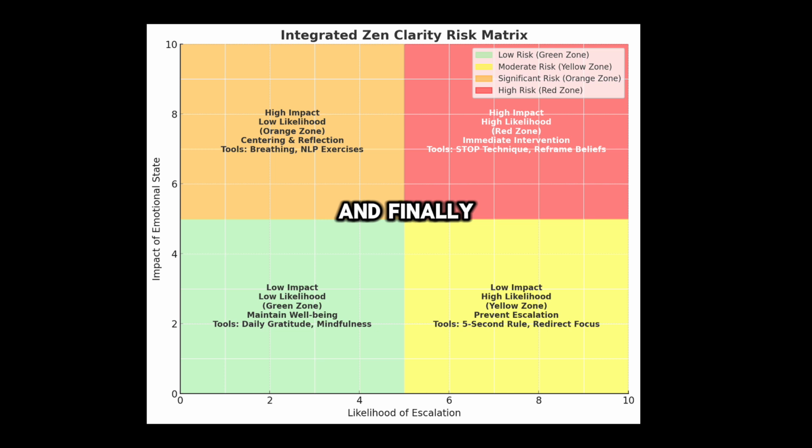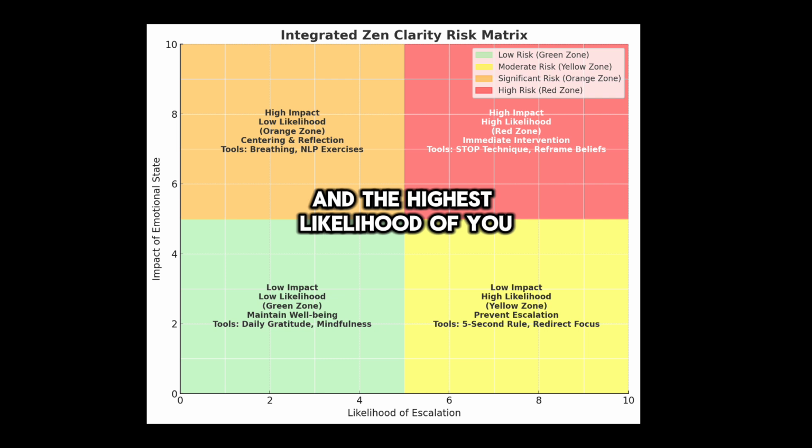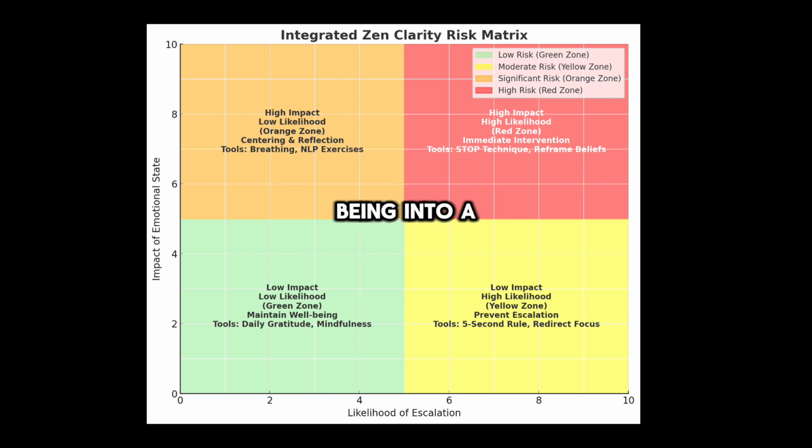And finally, the most critical risk and the highest impact and the highest likelihood of you being in a negative emotional state where it will impact your life is the red zone. And this is where you know that you will require immediate intervention.